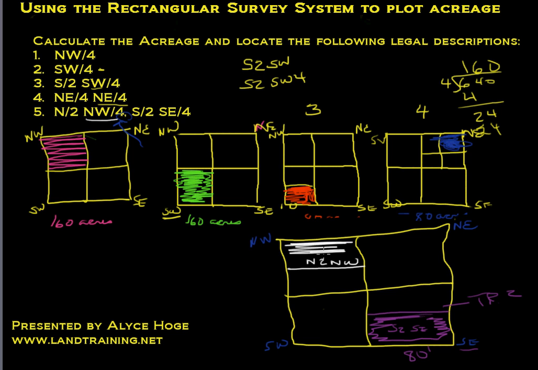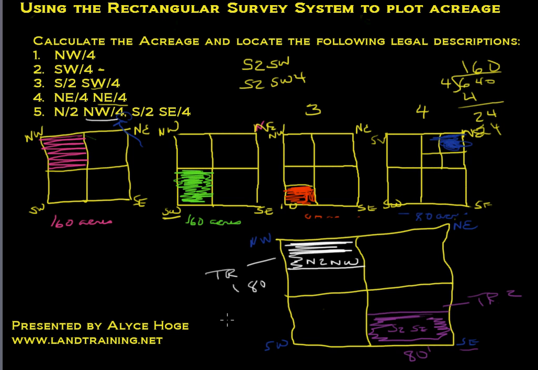And then we're going to color that in. So then we'll have tract 1 and tract 2 here. This tract 1 is going to be 80 acres. This over here is 80 acres, so the total acres on the lease is going to be 160 acres, 80 plus 80.